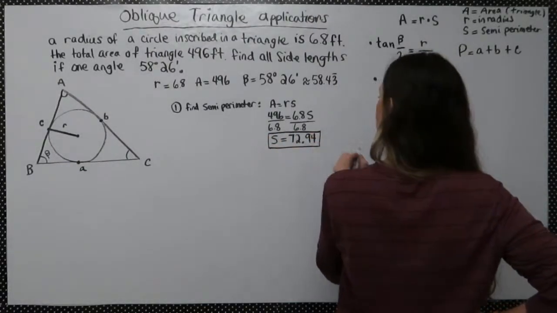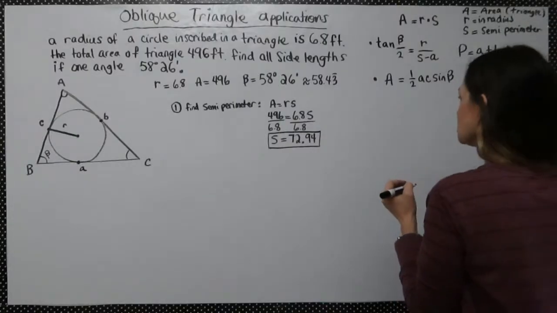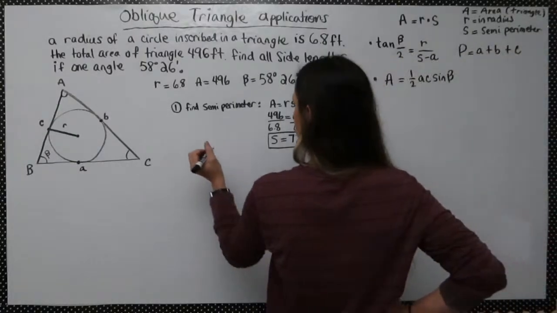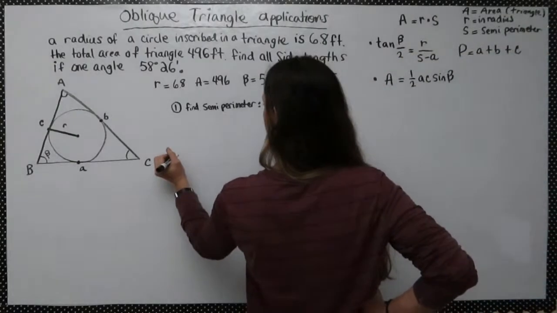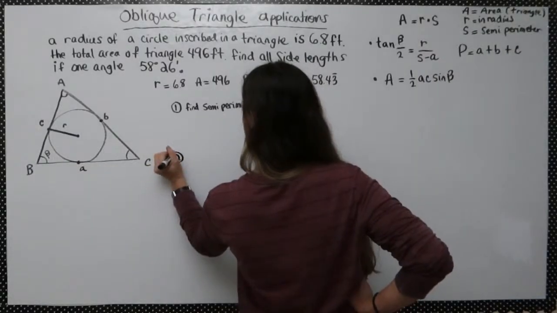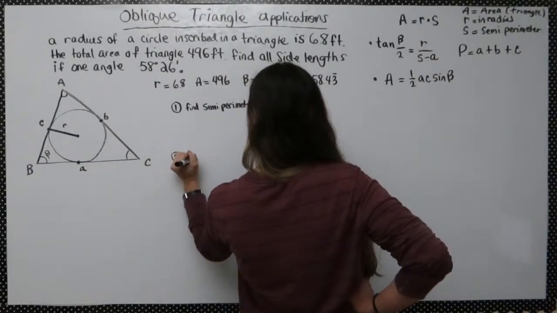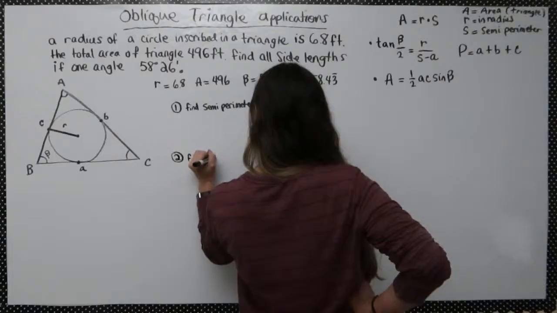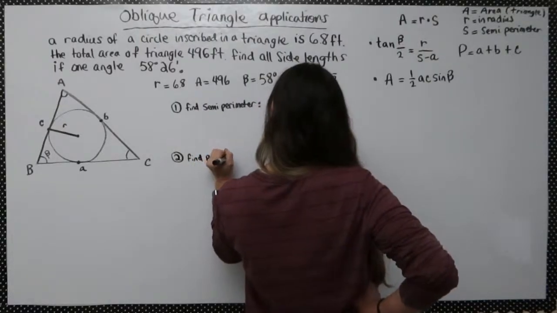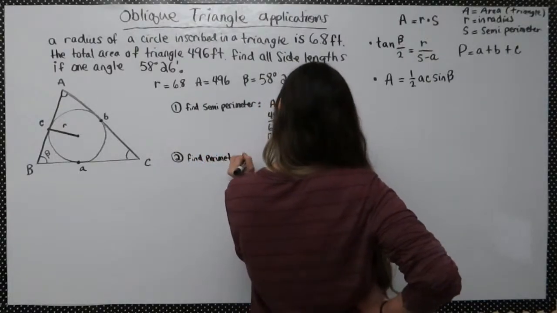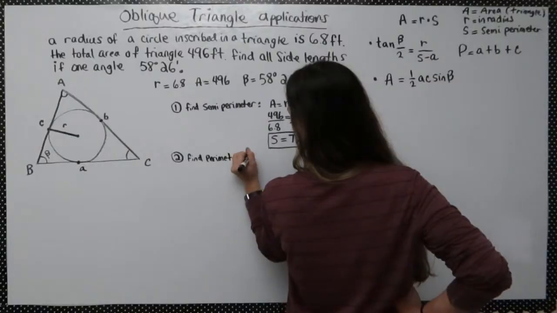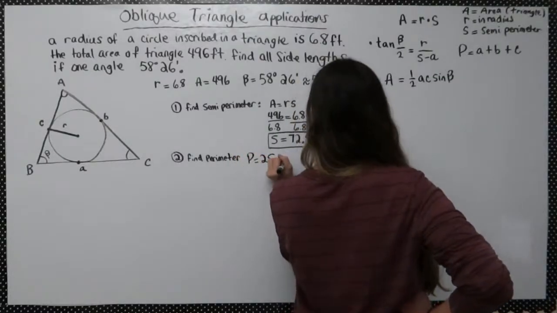I have the semi-perimeter, and then I can also calculate the perimeter. So we'll go ahead and do that real quick. And I'll say step 2, find perimeter. And so I'm just going to say the perimeter equals 2S.